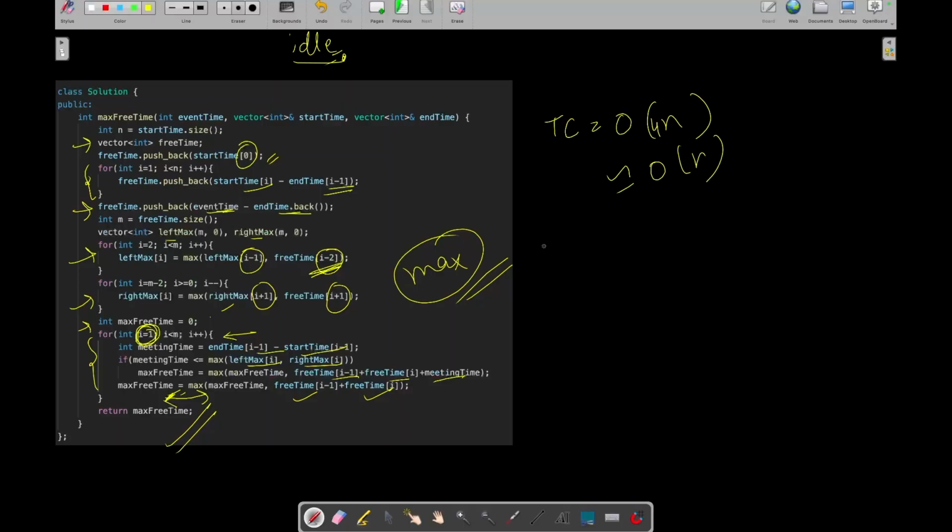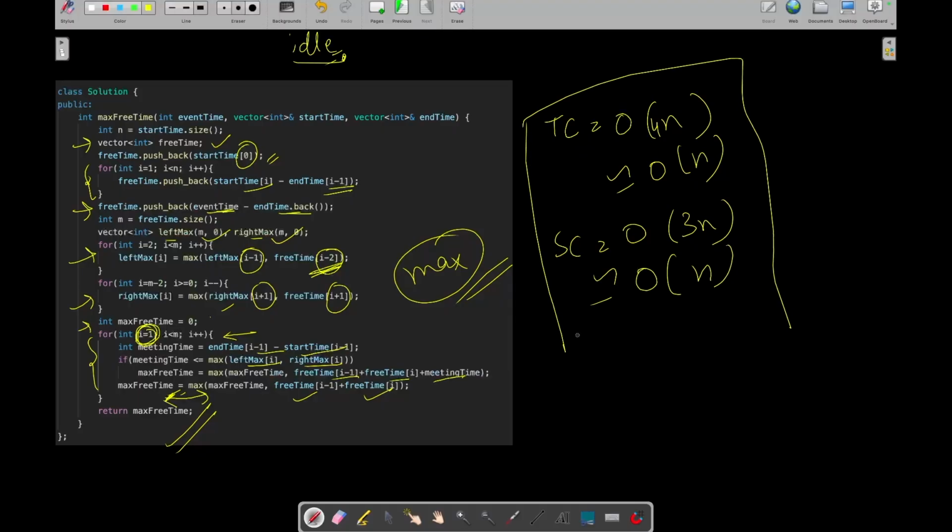And its space complexity: we have created 3 vectors, free time, left max and right max, so it will be big O of 3n, which corresponds to big O of n. So these are the time and space complexities.